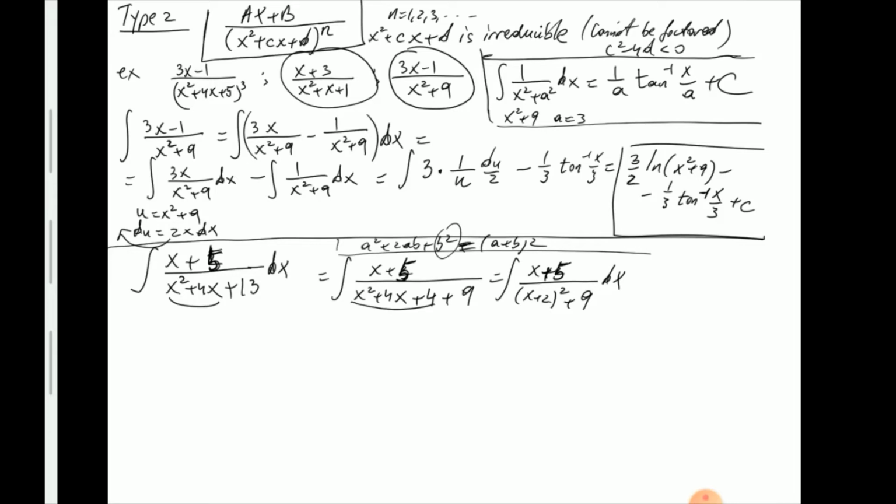The next step would be to emphasize x plus 2 on the top, again without changing the overall value of the coefficient. So you can add 2 and subtract 2. And then break the fraction into two pieces by isolating x plus 2. So you need to keep basically x plus 2 on the top to be in agreement with what you have under the square on the bottom. So that's the idea. You need to put this separately here.